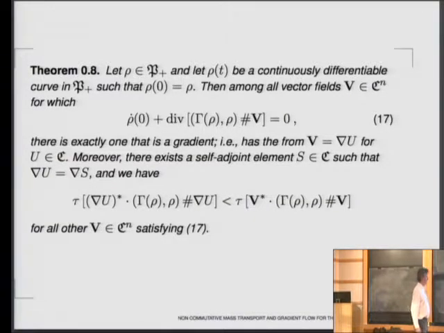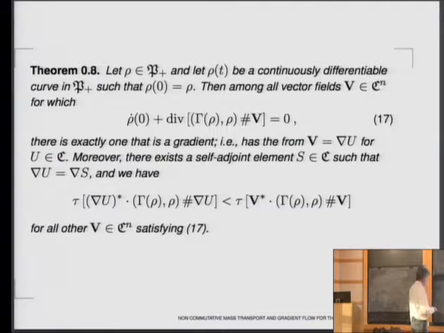The set of all v's that make this true is a closed convex set. There's a unique element of minimal norm. It's got to have some orthogonality to divergences, and therefore it's going to be a gradient. And what we had to sweat a little bit about is that it's going to be a gradient of some self-adjoint thing.